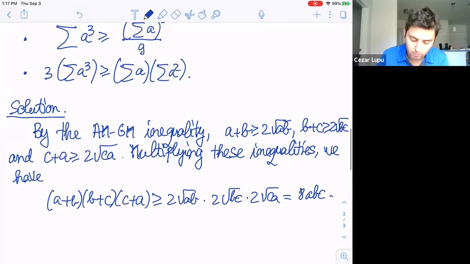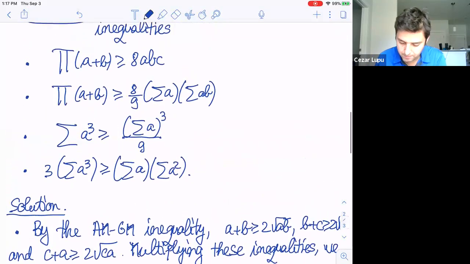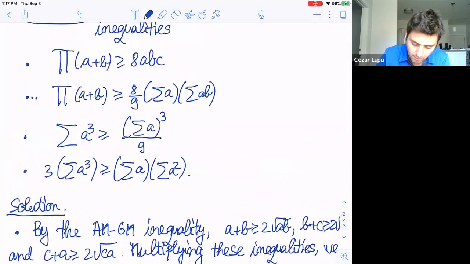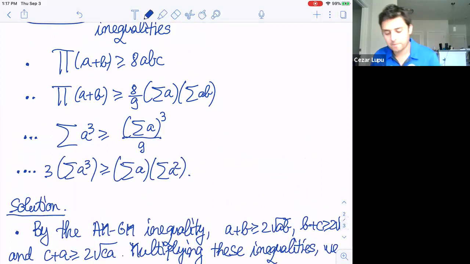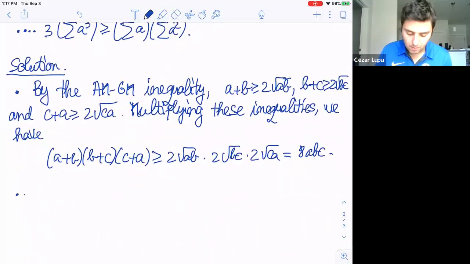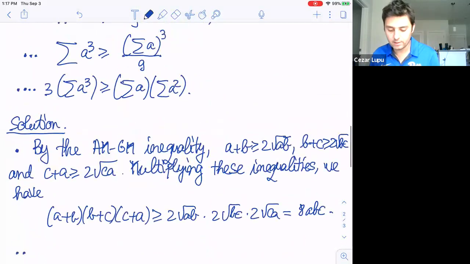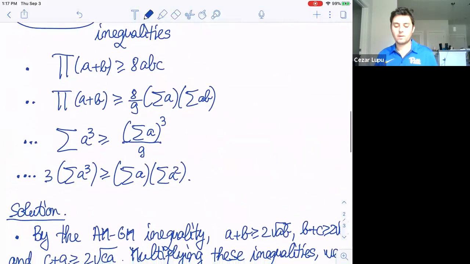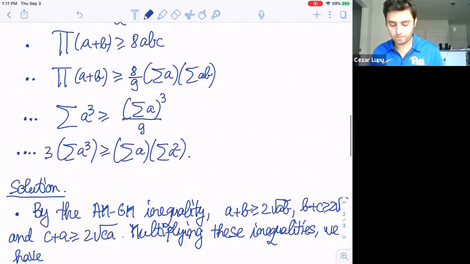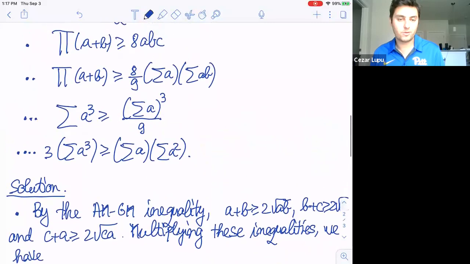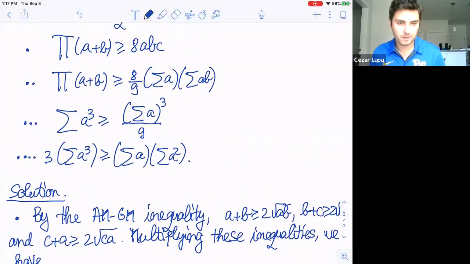The second one, well, let me point out a remark here. It's a sharper inequality than the first one.